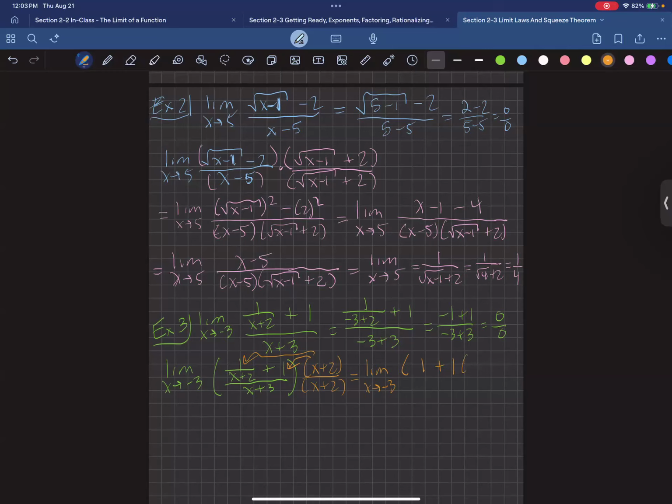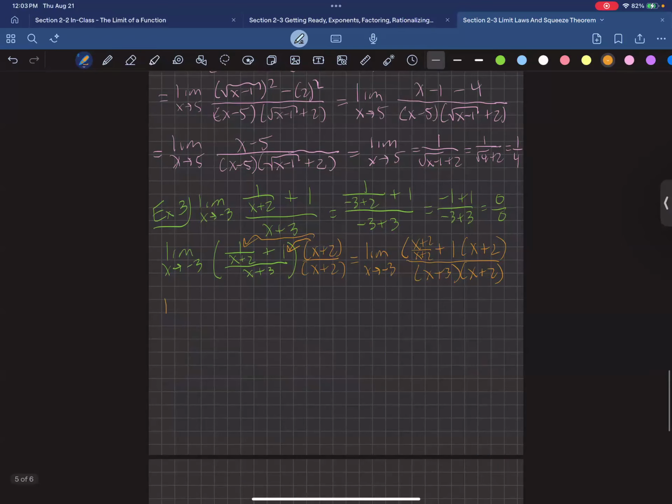Maybe I'll show that written out. x plus 2 over x plus 2 there. The bottom is x plus 3 times x plus 2. So cleaning that up, limit as x approaches negative 3, I've got 1 plus x plus 2. And again, leave it factored.